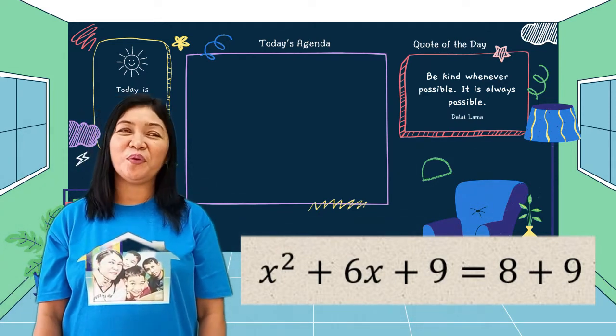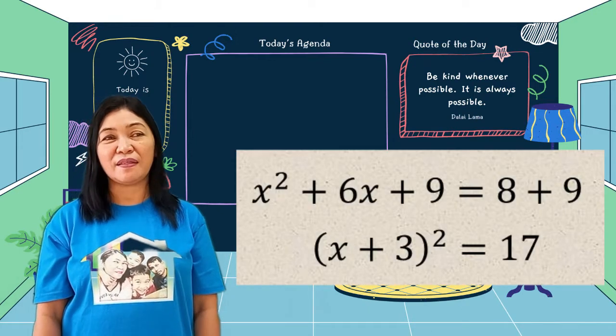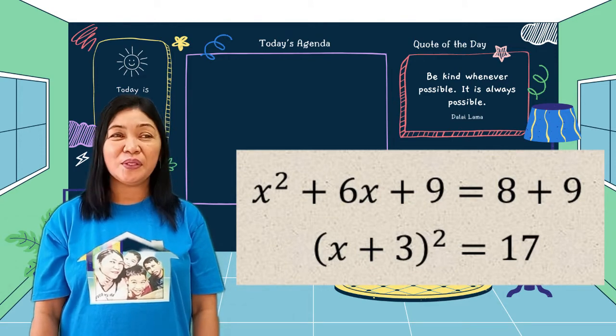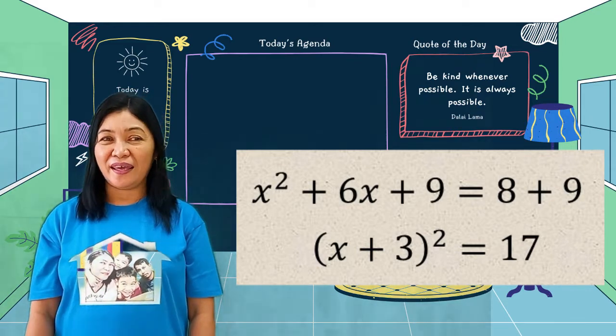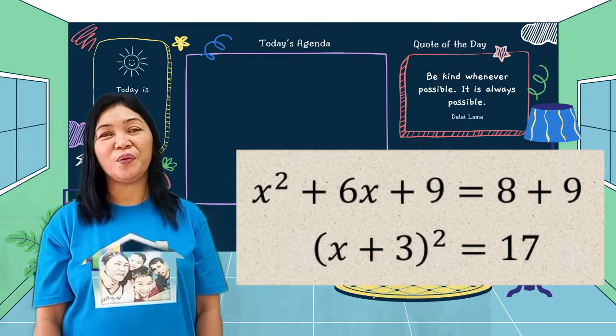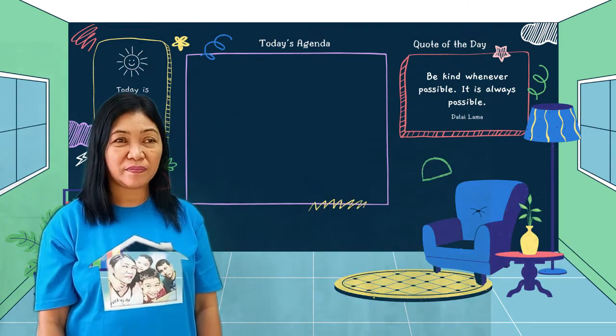Since the left member of the equation is a perfect square trinomial, we can express that as the square of a binomial, right? So, the binomial to be squared is x plus 3. Then, simplifying the right side, the sum is 17.